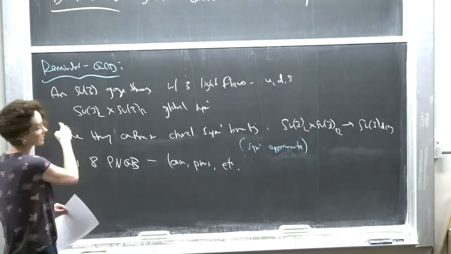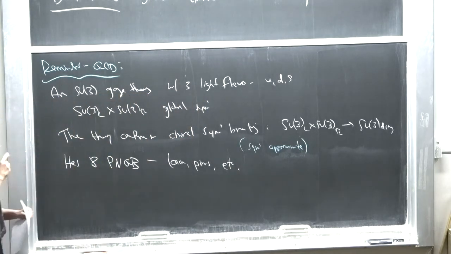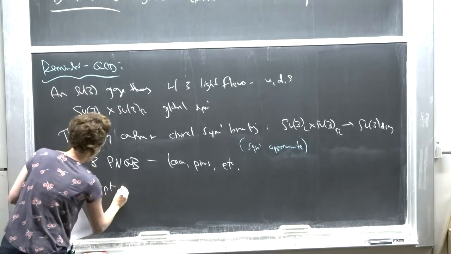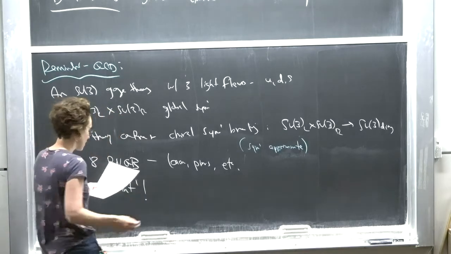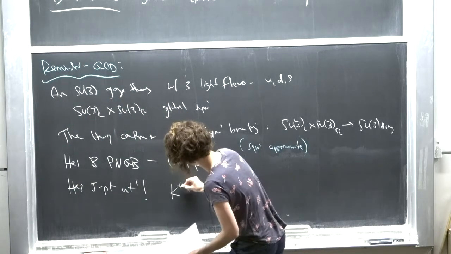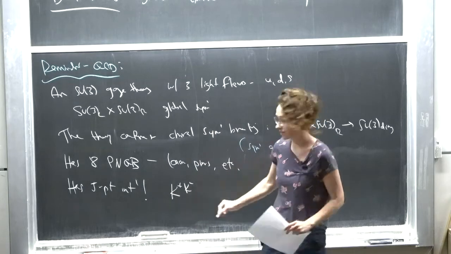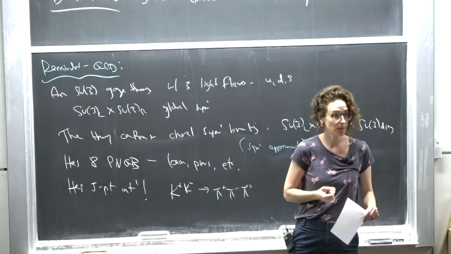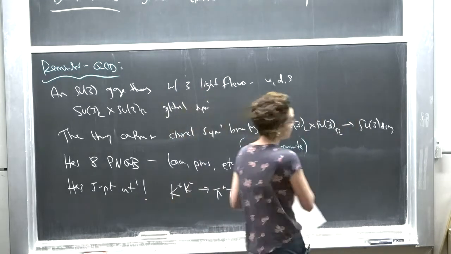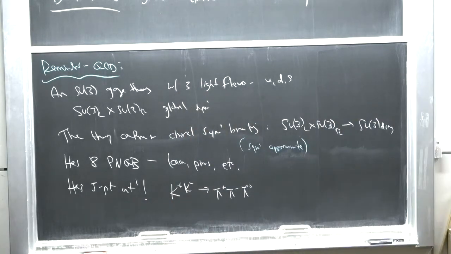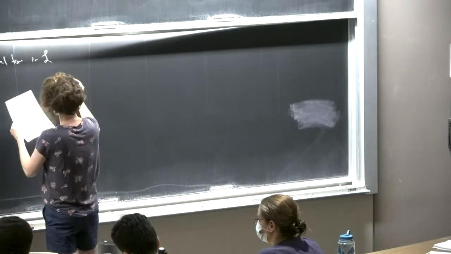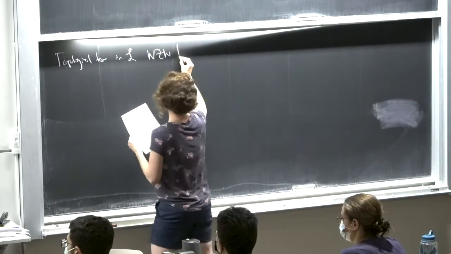Okay? And this theory of QCD has direct 5-point interactions. This happens because we have annihilations where 2 kaons annihilate into 3 pions. The way that this happens in the standard model is through a topological term in the Lagrangian that's called the Wess-Zumino-Witten term.